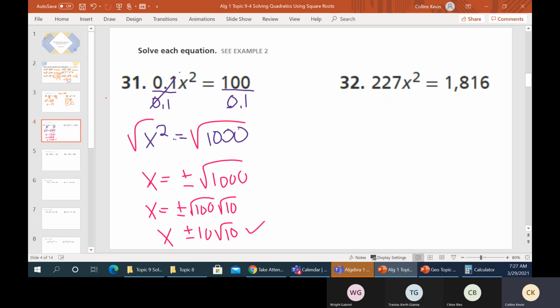All right, next guy. So standard procedure says we're going to divide by this number, right? Divide by the number in front of the x squared. All right, calculator.